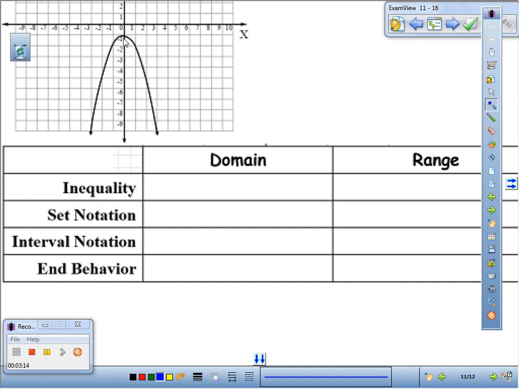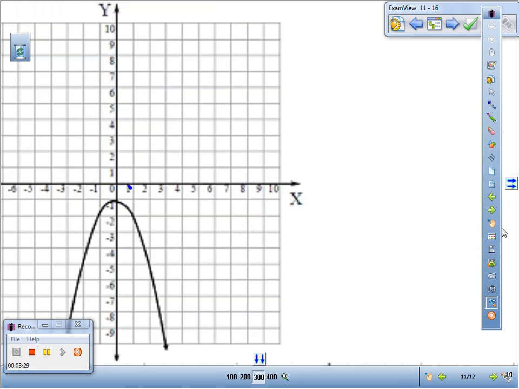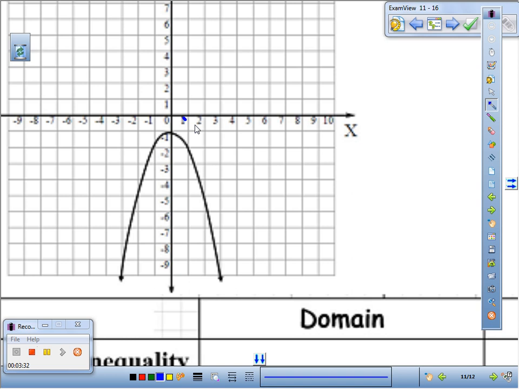So, if I input 0 for x, we're at -1 of y. I go to +1 of x. Let me zoom in. +1 of x is -2 of y. 2 of x is, right here, at -5 of y. 3 of x is at -10 of y. 4 of x, and it continues on.